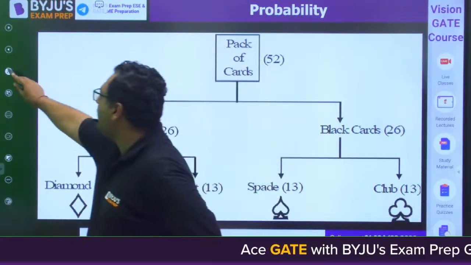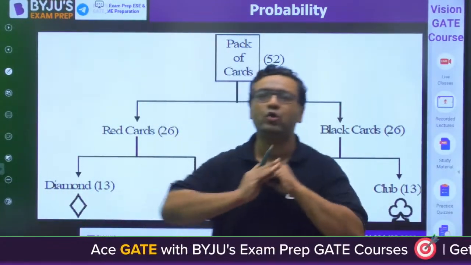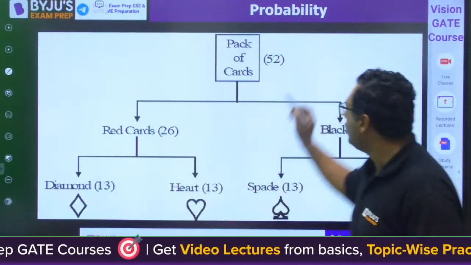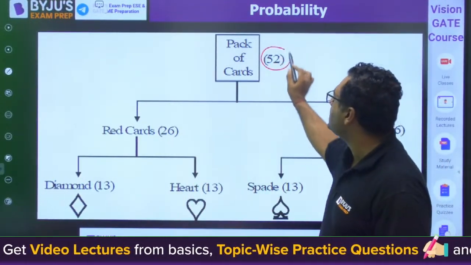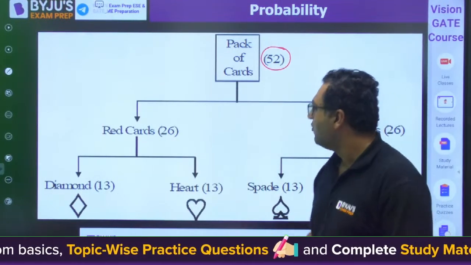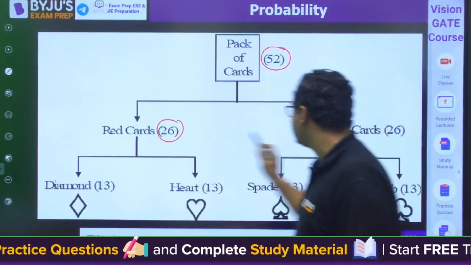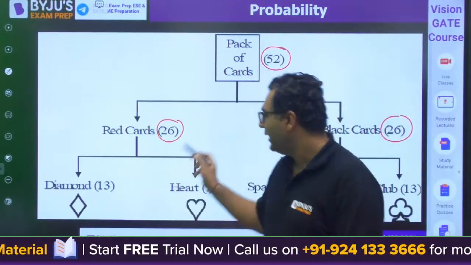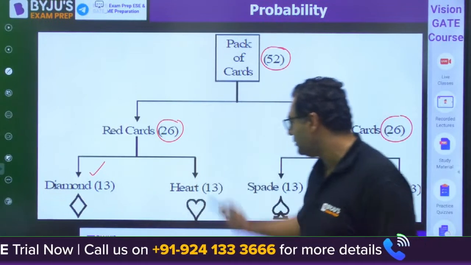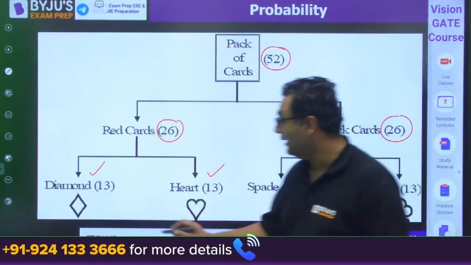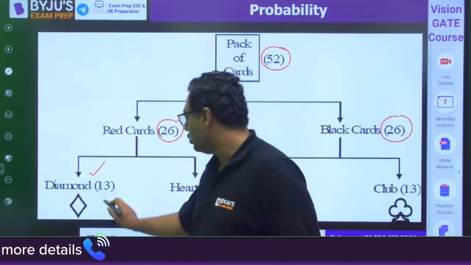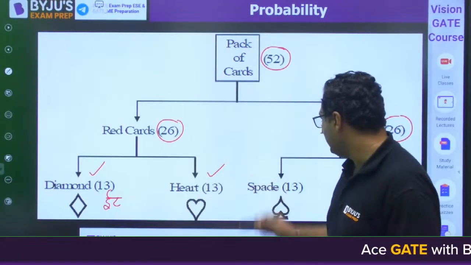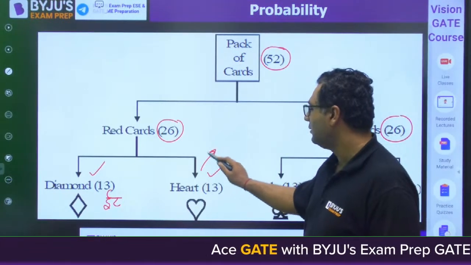So guys, we have already seen the basics. I already taught you in the first class only. Still, this is a revision where I told you for card problems, we must be aware of these small things. 52 cards are divided into 26 and 26. 26 are red color, 26 are black in color. In red, we have 13 of diamond, 13 of heart. Those who know Hindi, we were calling it eat in the Hindi language. And what is the name of this?